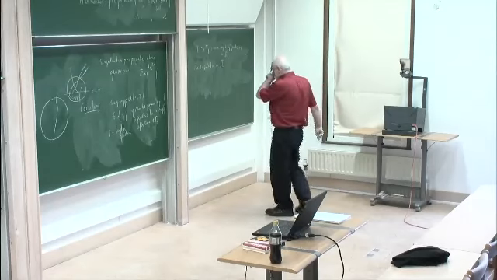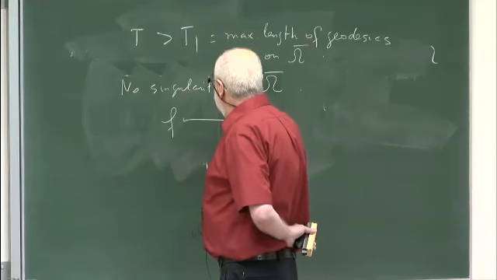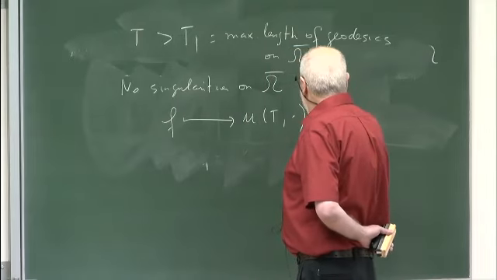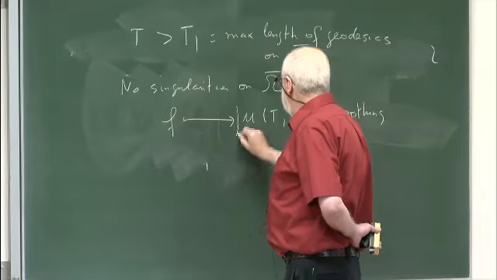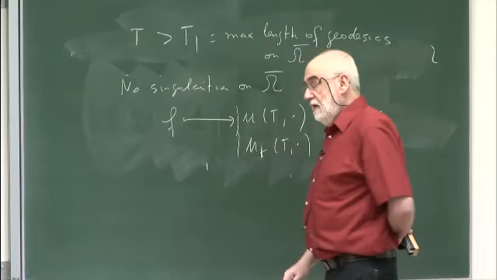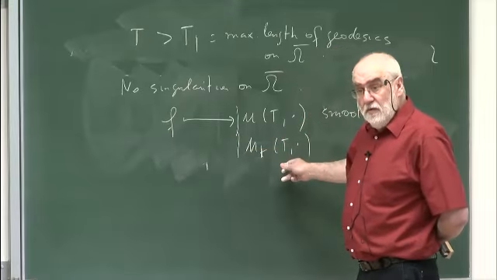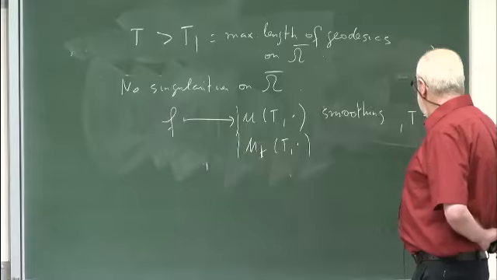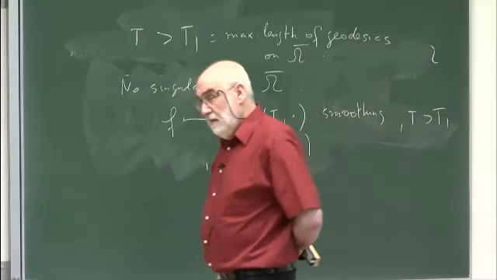So what does this imply? This implies that this map is smoothing, and also to U_T. Right? No matter what singularities you have on f, the solution is smooth. So this is smoothing as long as T is sufficiently large and bigger than this time, right? So it's a smooth map.